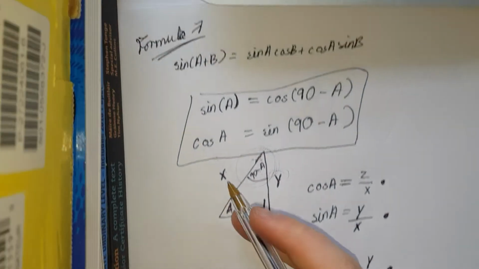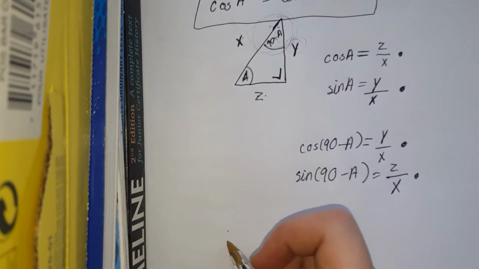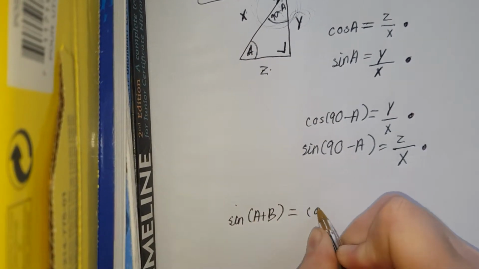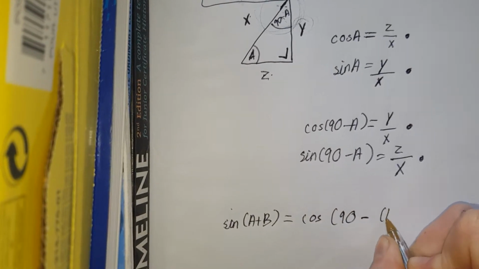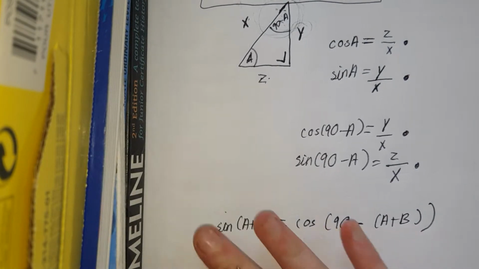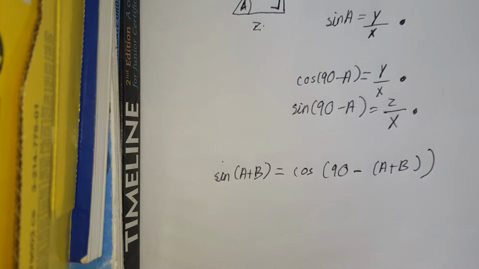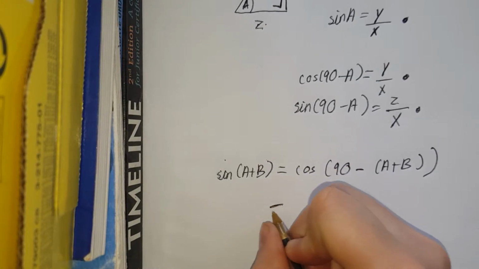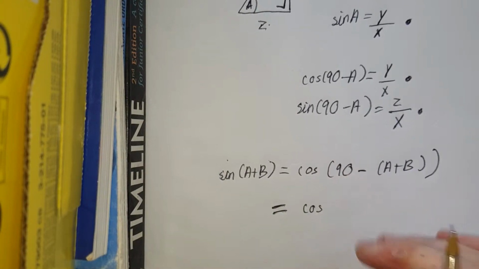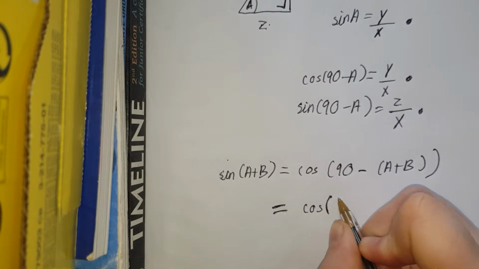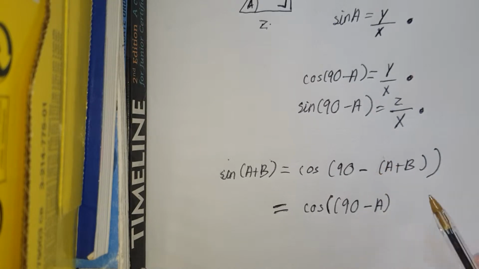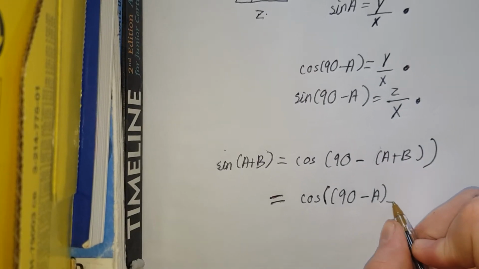Because we want to deal with sin of A plus B, we get sin of A plus B is equal to cos of 90 minus that angle. So the angle we're dealing with is A plus B. Now we're just going to rearrange this slightly. We're going to put the 90 minus A together in one bracket, and then put the minus B by itself.